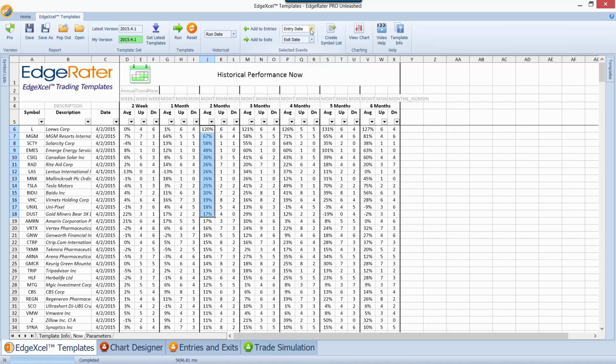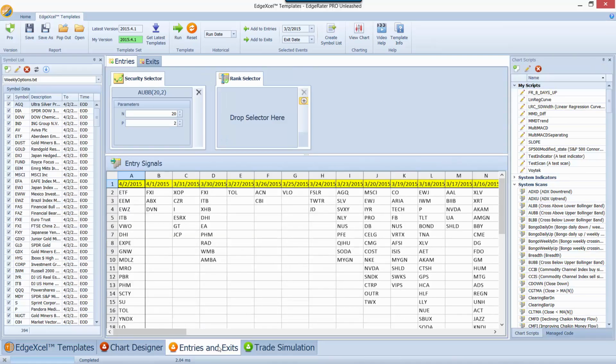Let me just do that. Let me choose a date here. I'm going to choose at random, let's say March 2nd, 2015. If I say add to entries, what's going to happen?